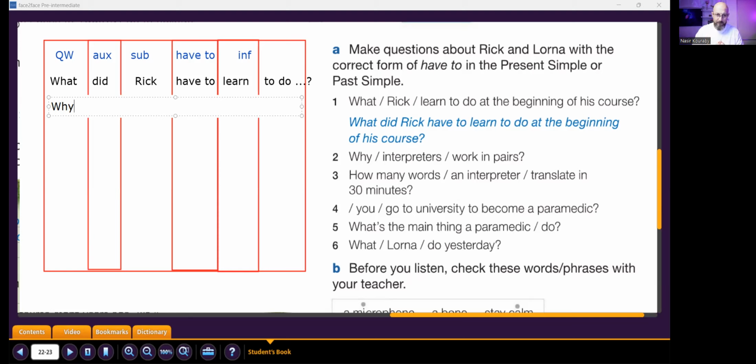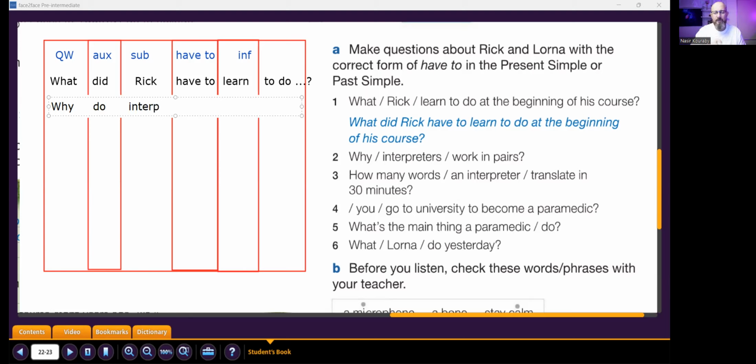Good. So now we say why. What's the subject? Interpreters. Is it he, she, they, we, what? Interpreters, plural, that means they. So when I write they, what's the auxiliary that I write with they in the present? Bravo, do. So why do interpreters?